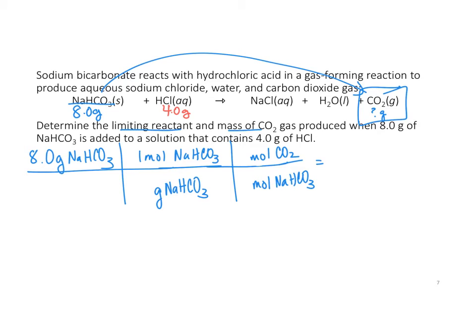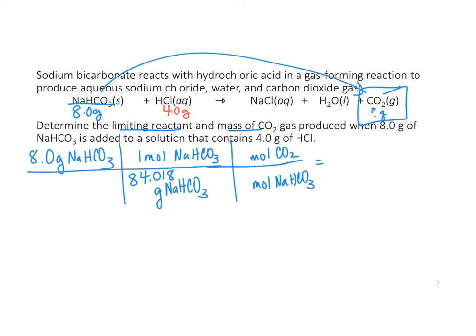So we've got to look up the formula mass for sodium bicarbonate. So we have three oxygens, 3 times 16, plus a carbon, 12.01, plus a hydrogen, 1.008, plus sodium, which is 23. So this is 84.018 grams.